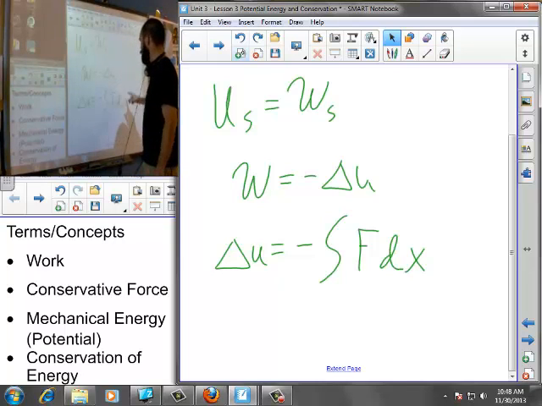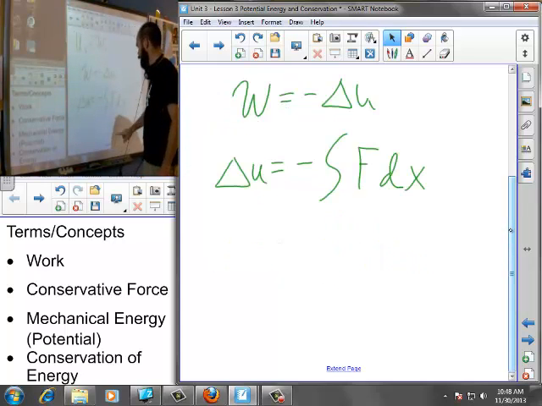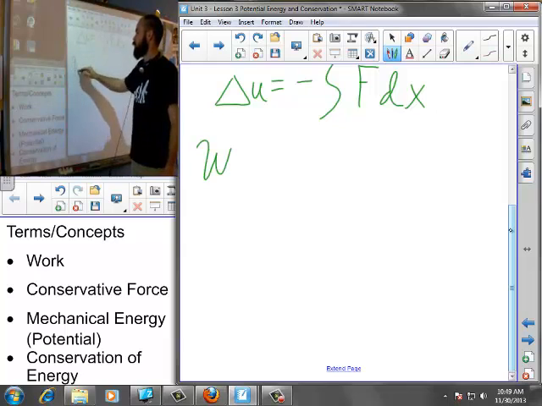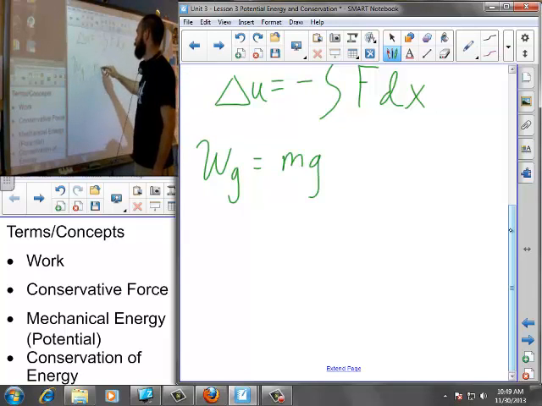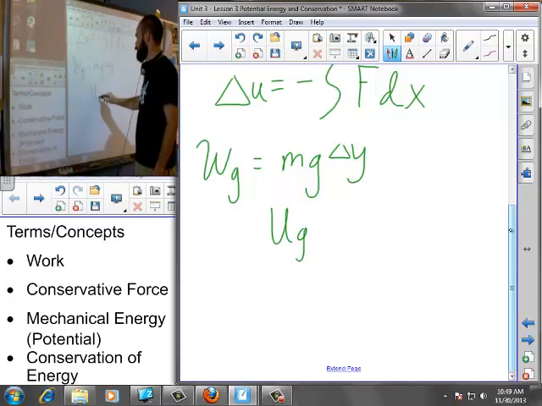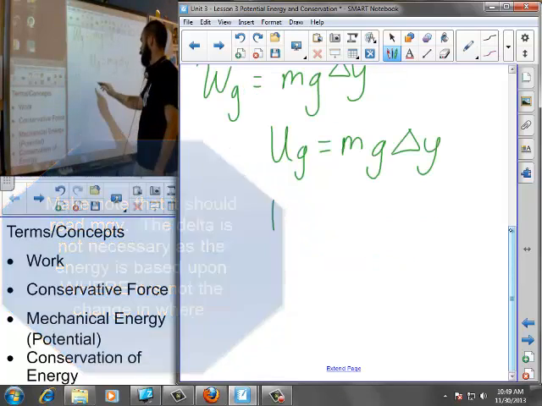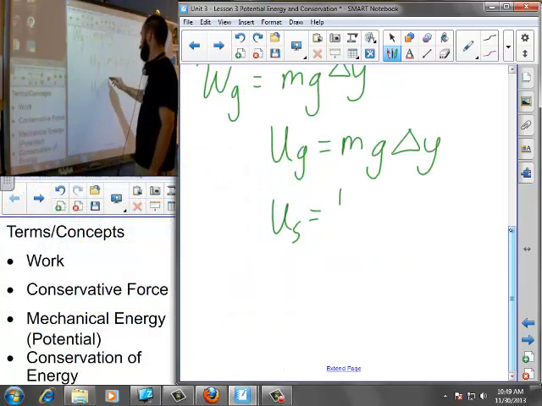So for the potential energy of the spring and of gravity, the work done on any object due to gravity is mass times gravity times our change in y. And it turns out that our potential energy of gravity is going to be mg delta y as well.